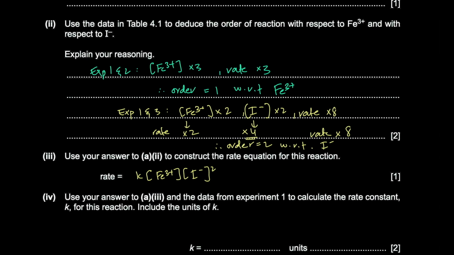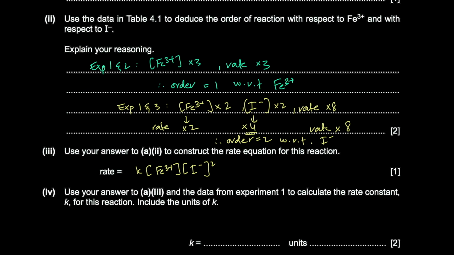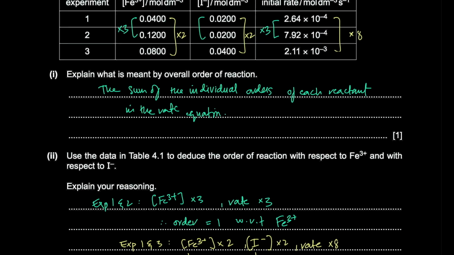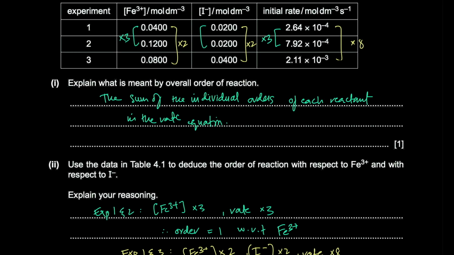Use your answer to A part 3 and data from experiment 1 to calculate the rate constant for this reaction and include the units of k. So we're going to use the data from reaction 1. Fe3+ is 0.04, I- is 0.02, and rate is 2.64 times 10 to the power of minus 4.